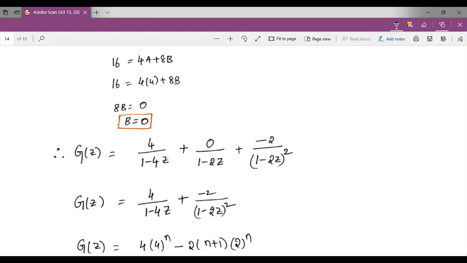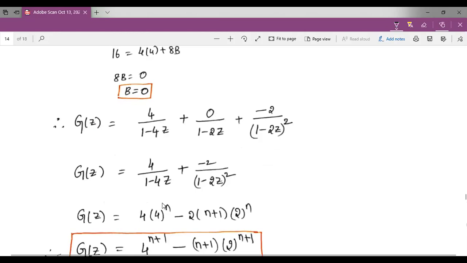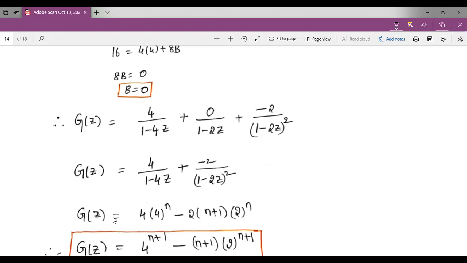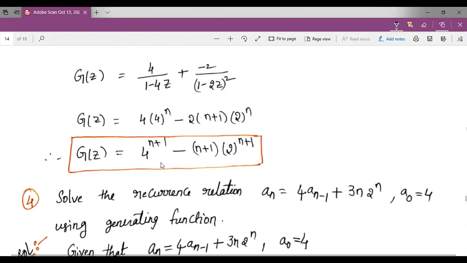So b into (n plus 1) a power n, here the b value is 1, so 1 into (n plus 1) a power n. Here the a value is 2, so 2 power n. This is the sequence form for the generating function. So a_n is equal to 4 power n plus 1 minus (n plus 1) 2 power n plus 1. This is the sequence form for the given recurrence relation using generating function.